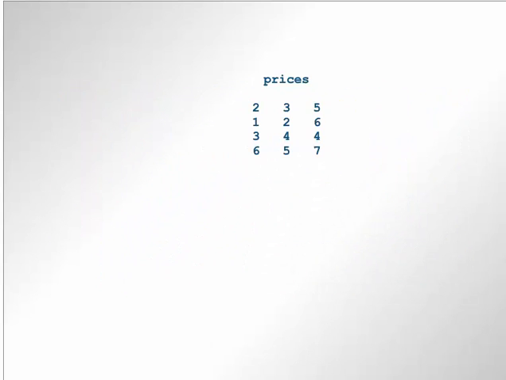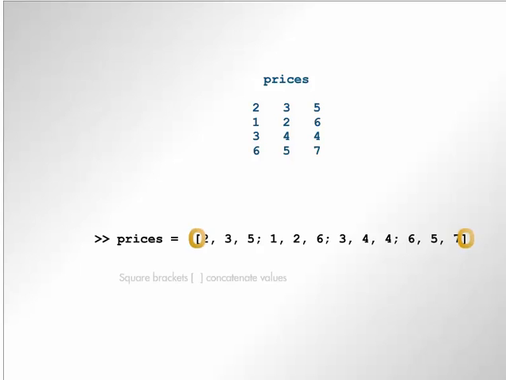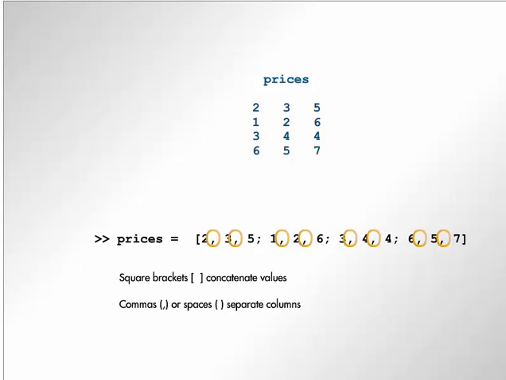You can create a similar matrix directly from the command line with the same syntax as the one you used to create a vector. Use the square brackets to concatenate elements into an array, commas or spaces to separate columns, and semicolons to separate rows.